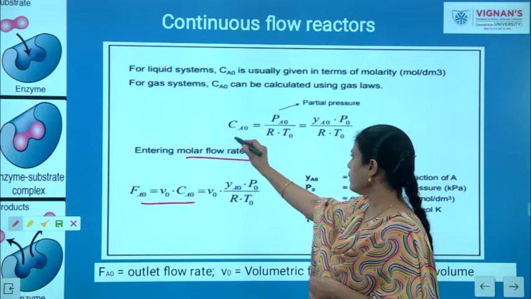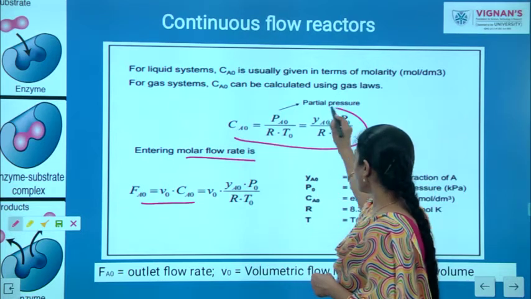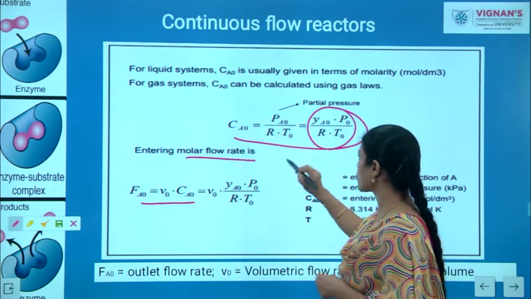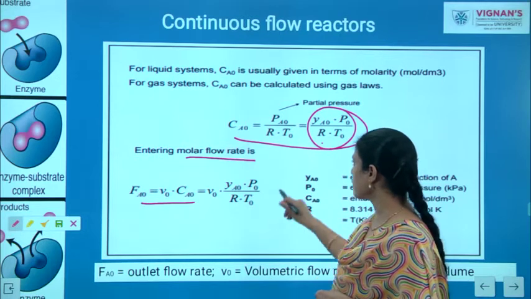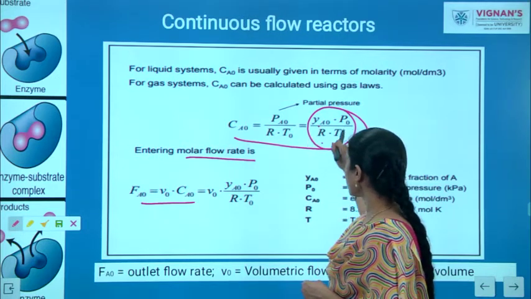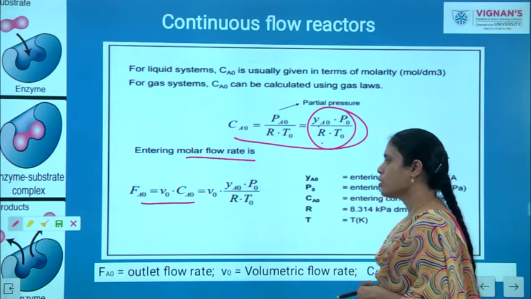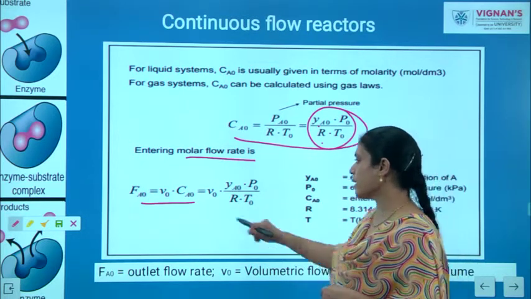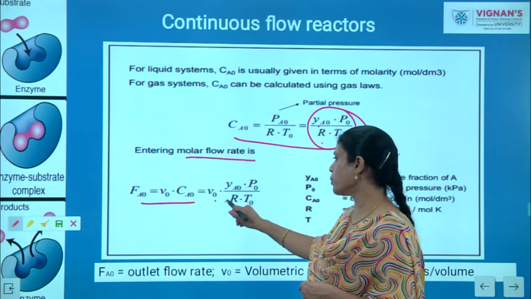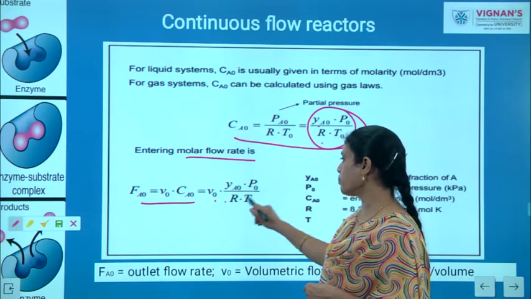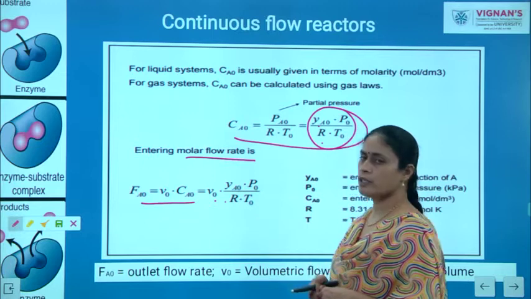Incorporating this value in place of CA naught, that is YA naught into P naught divided by R into T naught, ultimately you get V naught into YA naught into P naught divided by R into T naught.